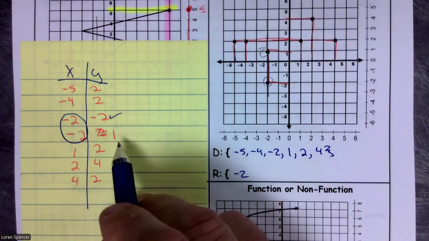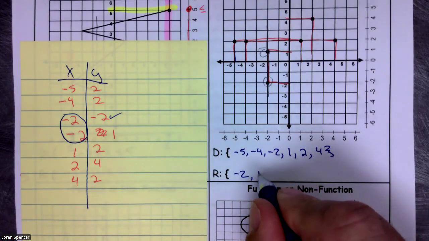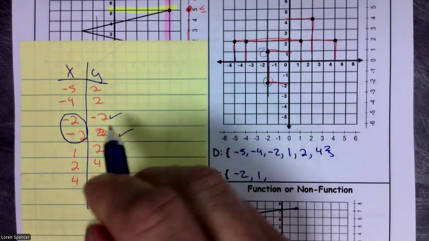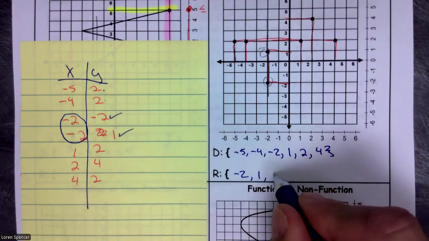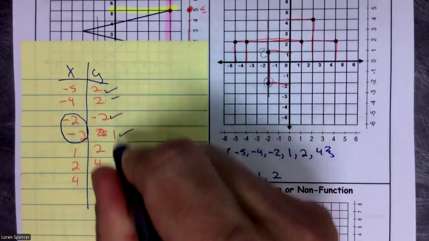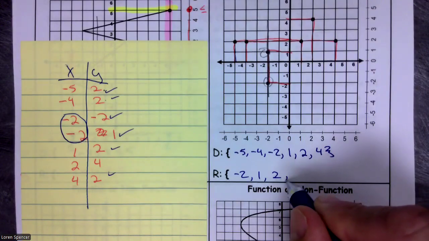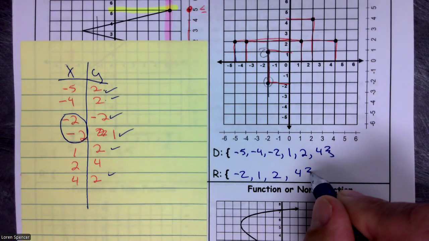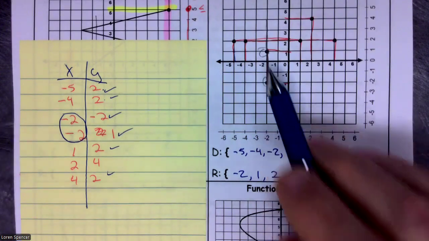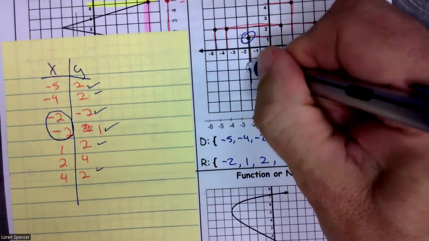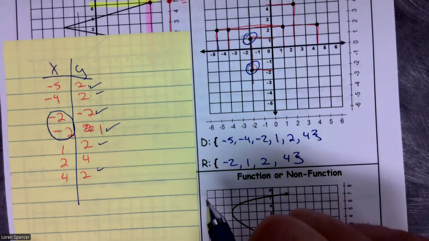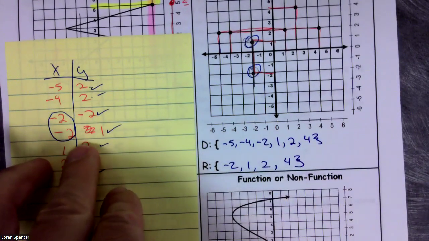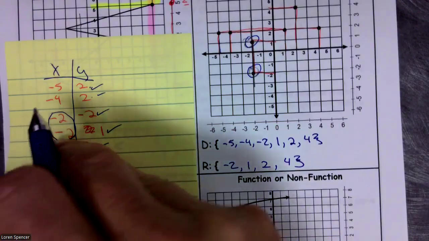Check that one off. Then we have a 1. Check that off. I have a bunch of 2's. I only need to write it one time. So that gets rid of all these 2's. And the last thing is a 4. All right, so this was discrete, and a non-function because we hit twice here. The x repeated, and discrete, as I said, it was discrete.